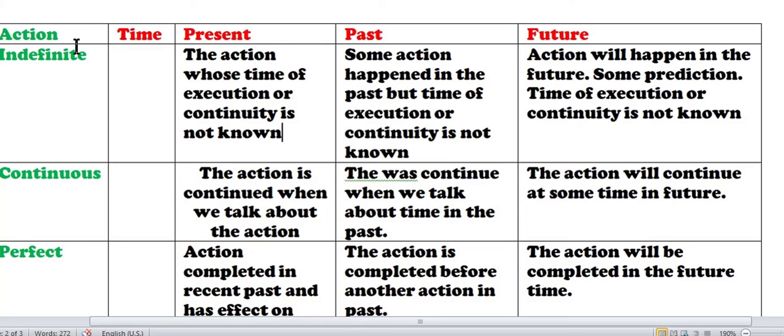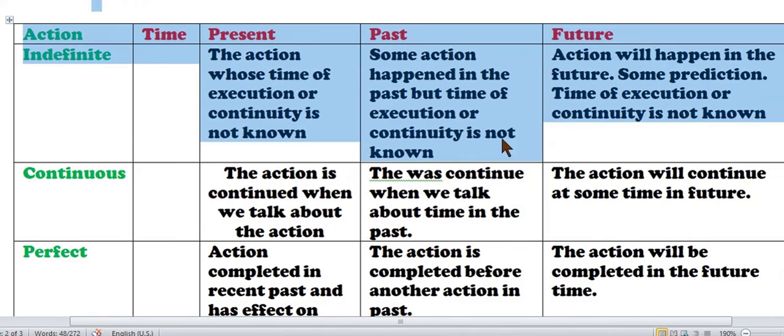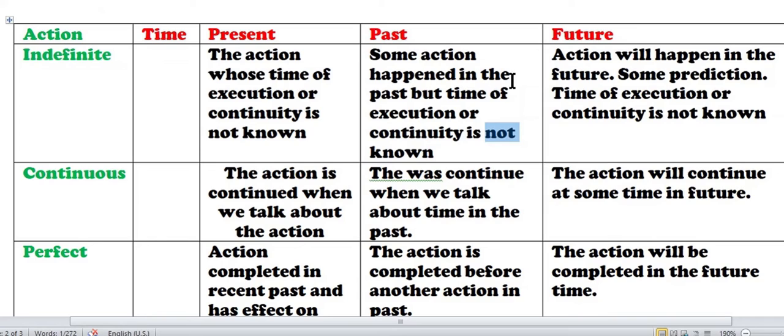Next we have the time past, and action is indefinite. So it means some action happened in the past, but time of execution or continuity is not now. That's why indefinite tenses are mostly called the habit or routine tenses. So past indefinite tense is some action happened in the past, but execution or continuity is not now.